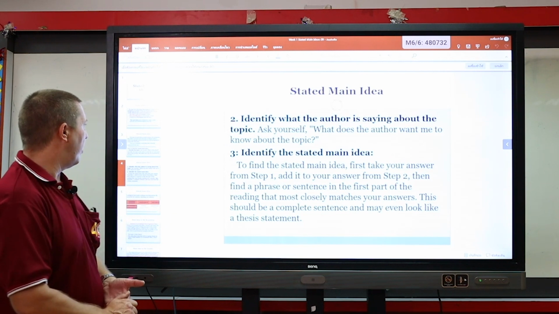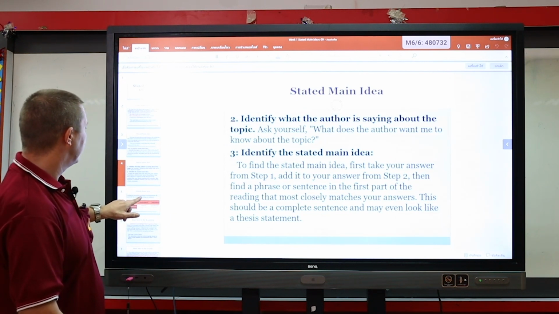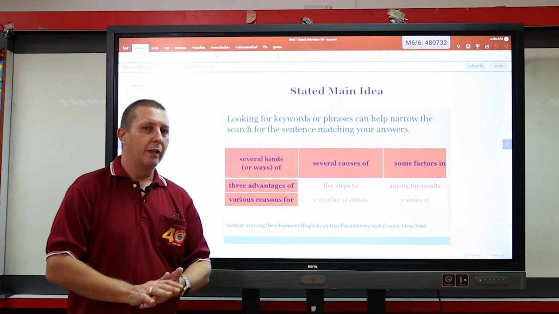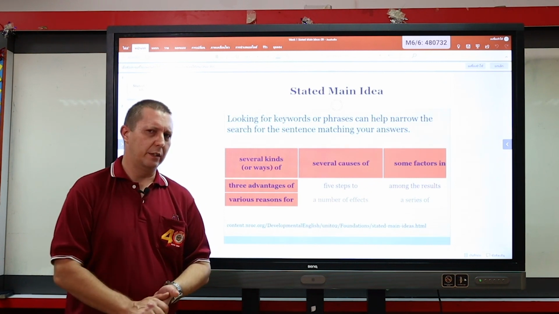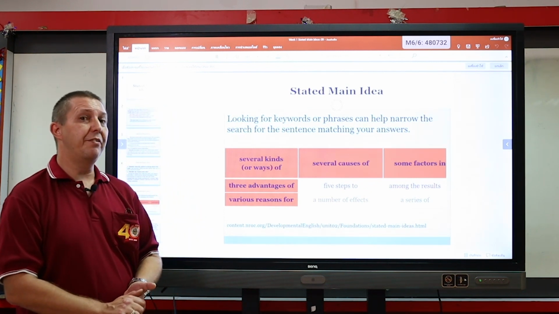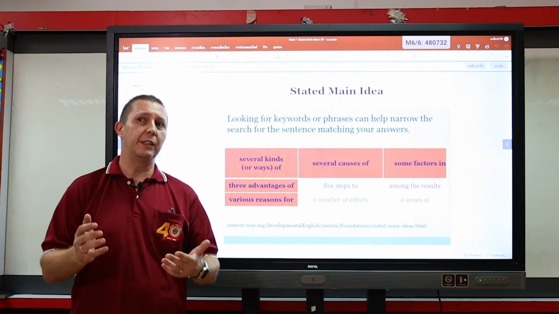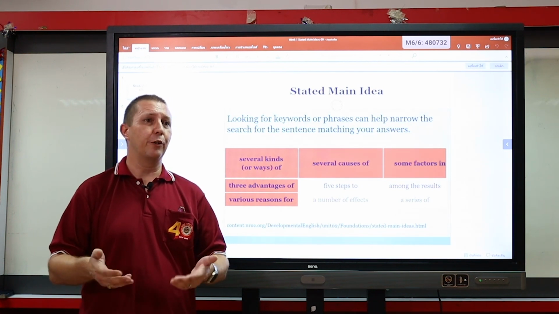So let's look a bit more. There are also clue words or phrases that you may find to help you identify the topic and the controlling idea.